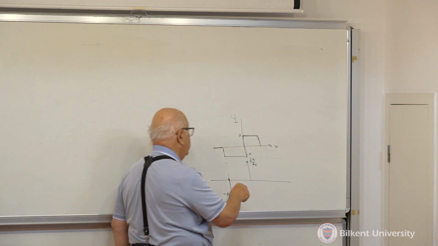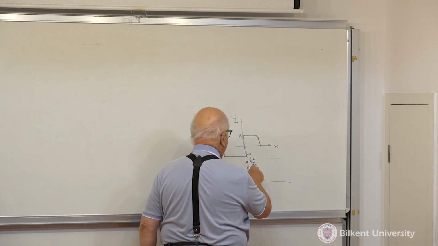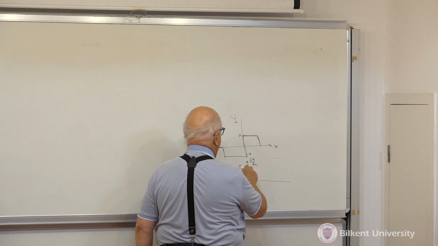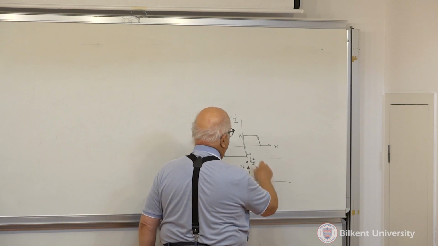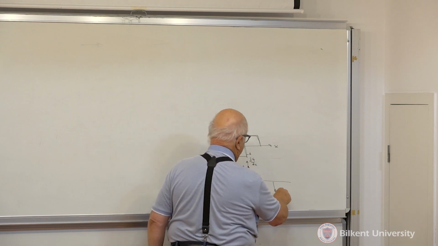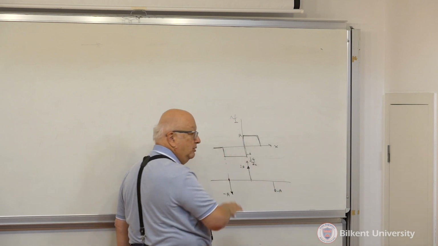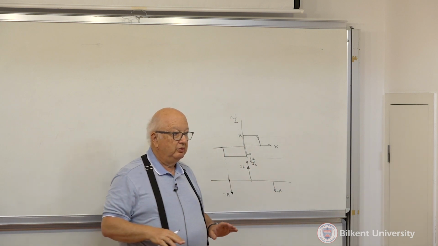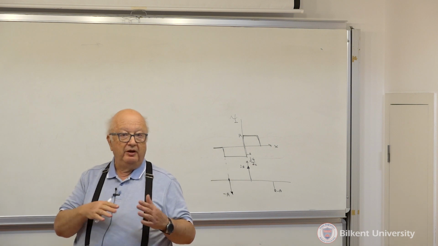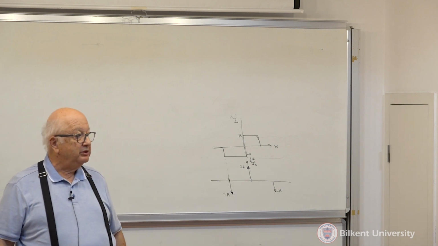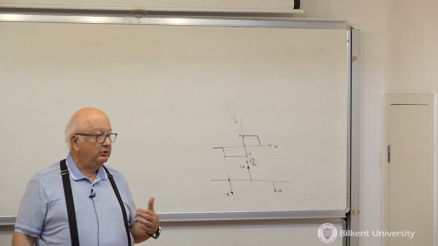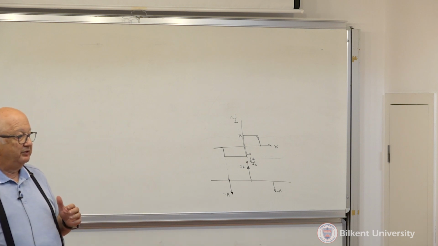And then this is going up by 2a, and then going down again by minus a. This is one source of mistake: if you ignore these discontinuities, derivatives of discontinuities have to bring in these delta functions. So you have to take care of that.